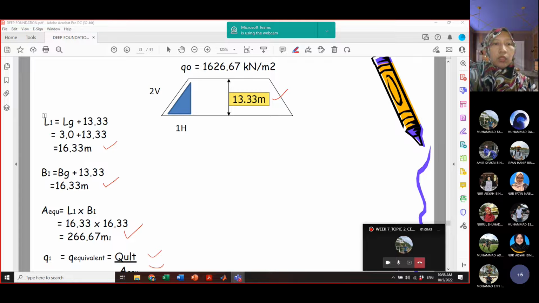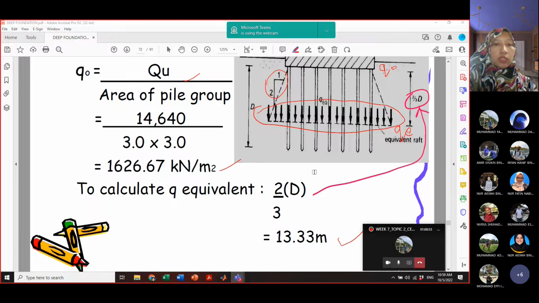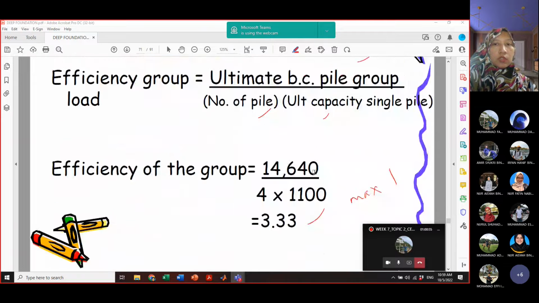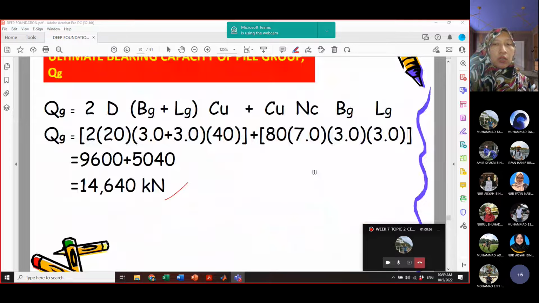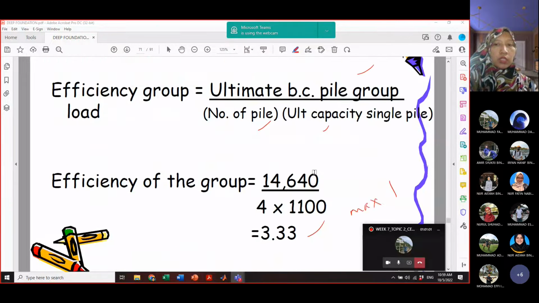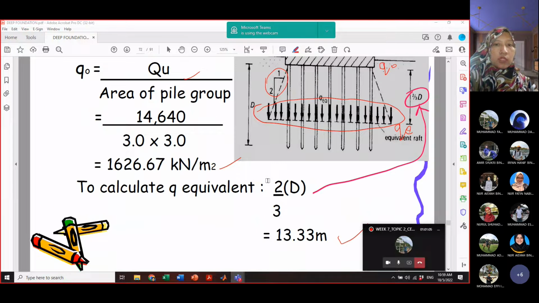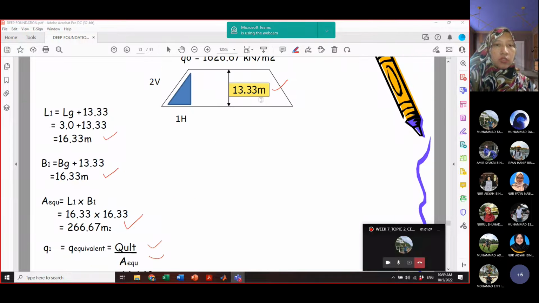Kemudian we need to determine the L1 dan juga B1. So the L1 is the LG plus dengan 13.33. 13.33 ni yang kita dapat daripada 2/3 tadi tu lah. Kalau you tengok stress distributions ataupun settlement by block of the pile, first one kita akan dapat 1/3 kan, kemudian kita akan dapat 2/3. So it's like a stress distribution in triangle shape lah. Kemudian you have to calculate the area equivalent.